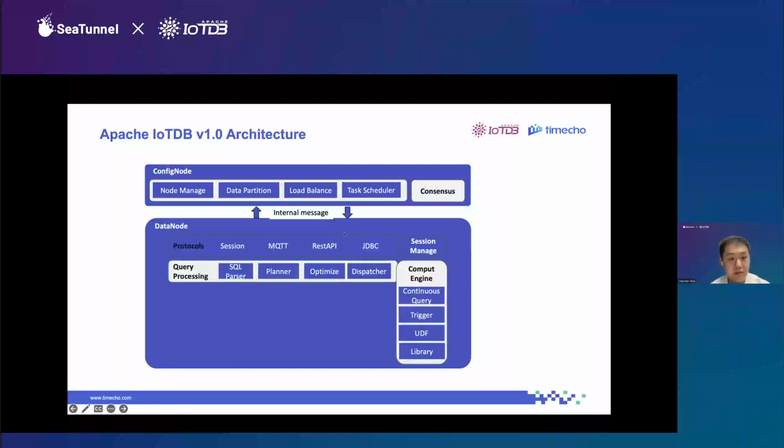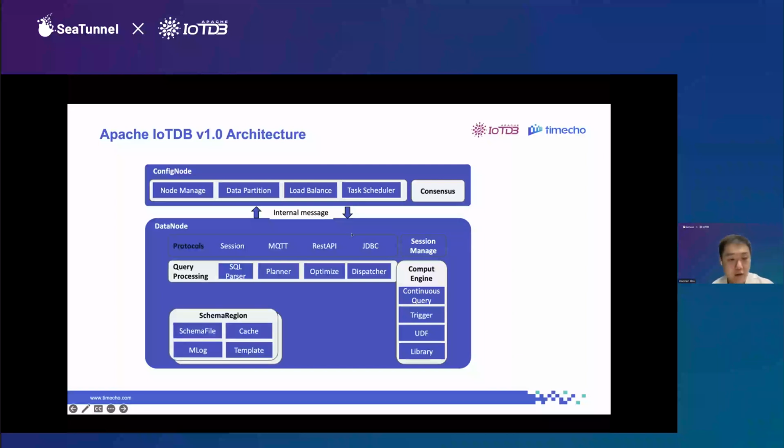We also have the query processing module for such as SQL parser, planner, optimizer, and the dispatcher. We have the compute engine, which supports the CQ, trigger, UDF, and some external library.